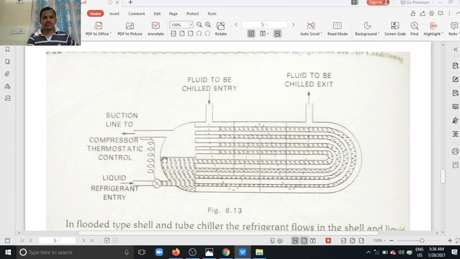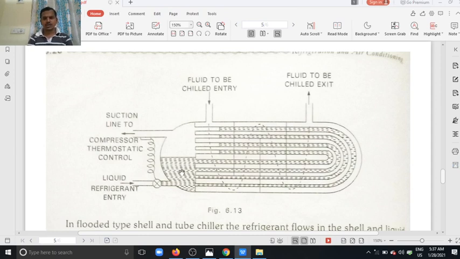The liquid refrigerant from this area circulates through these tubes. The fluid to be chilled enters from this area and circulates over the outer surface of the tubes, rejecting its heat to the refrigerant.